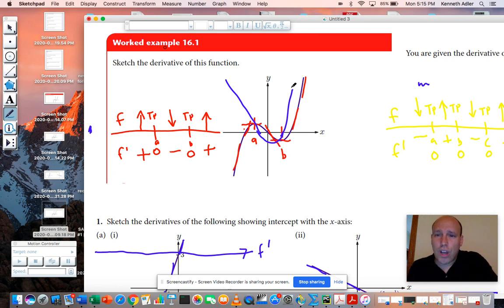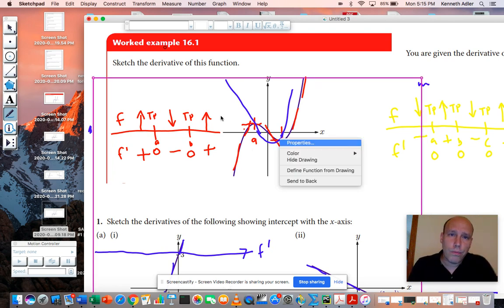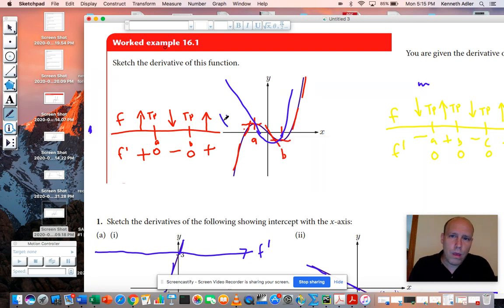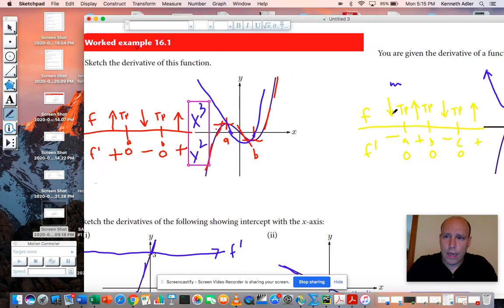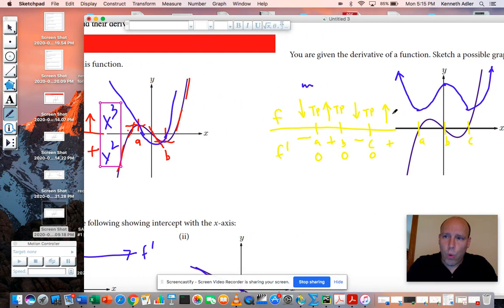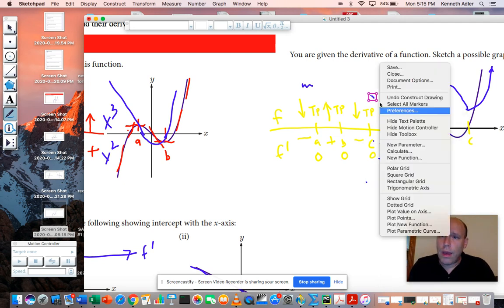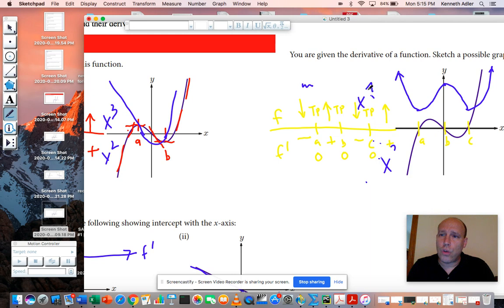The derivative was a quadratic. What's going on over here? The derivative was a cubic, and the function was a quadratic. The derivative was a cubic, and the original function was a quartic.